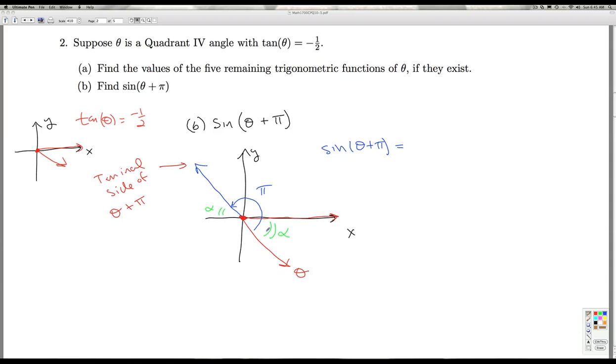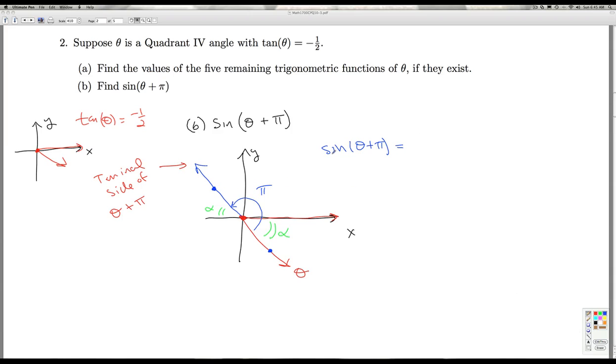In other words, using just reflections, the point on the unit circle on the terminal side of this guy is the reflection through the origin of the point on the unit circle on the terminal side here.